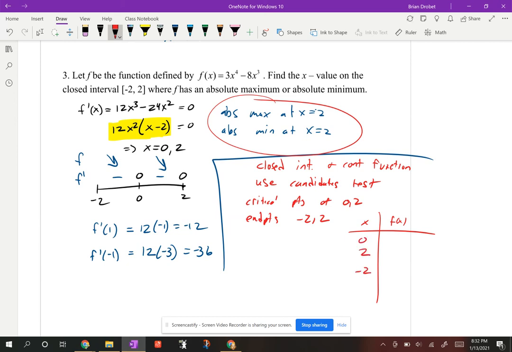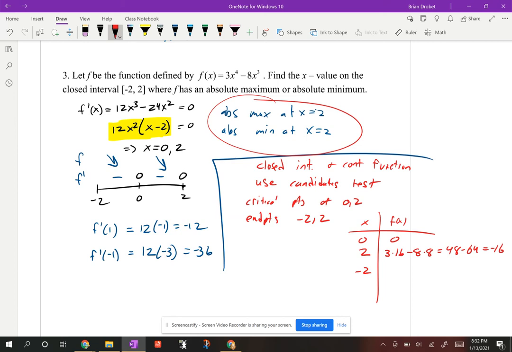So this is an alternative way if I'm looking for an absolute max and an absolute minimum: take your critical points and your endpoints. We don't need to do 2 twice. Plug them into the function, because we want the y value. What do you get? Well, when you plug 0 in, you get 0. When you plug 2 in, you're going to get 3 times 16 minus 8 times 8. 48 minus 64, -16. I think that's what that is.